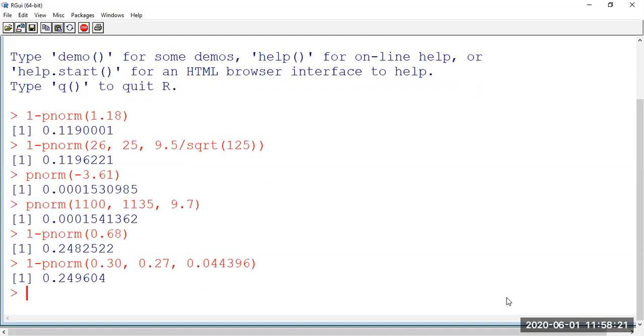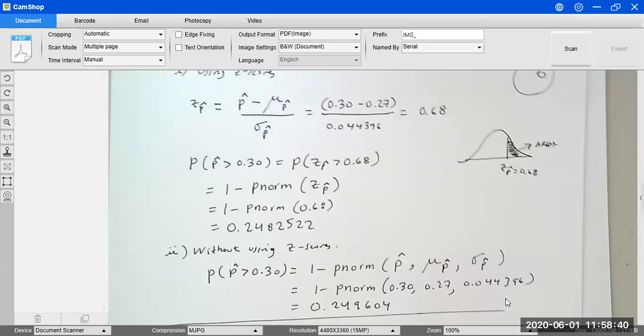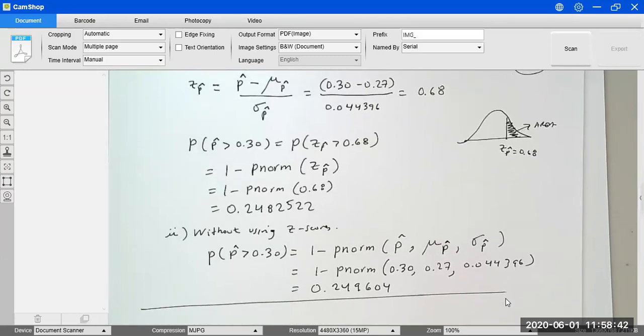So we get 0.249604. So the probabilities are close. So it's just the rounding off that makes a little difference. So we have here the solution by using both methods.